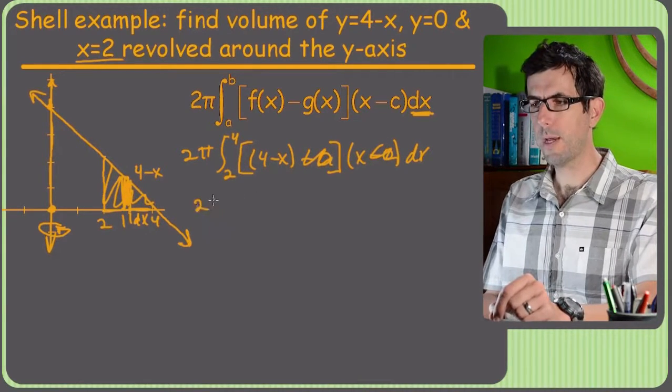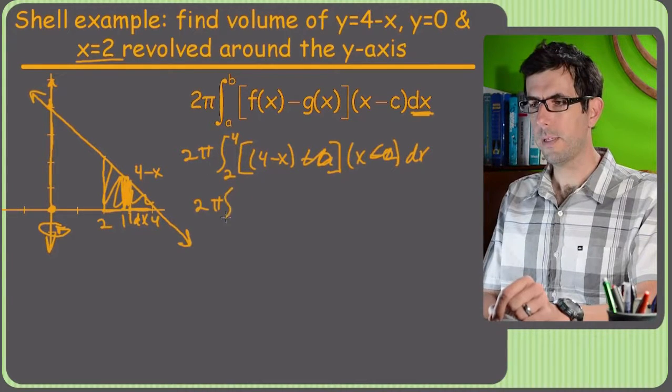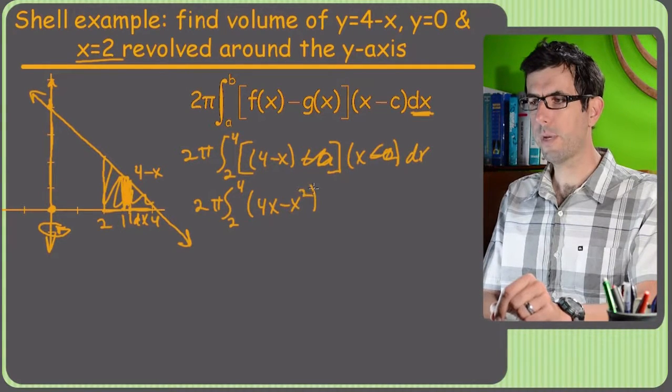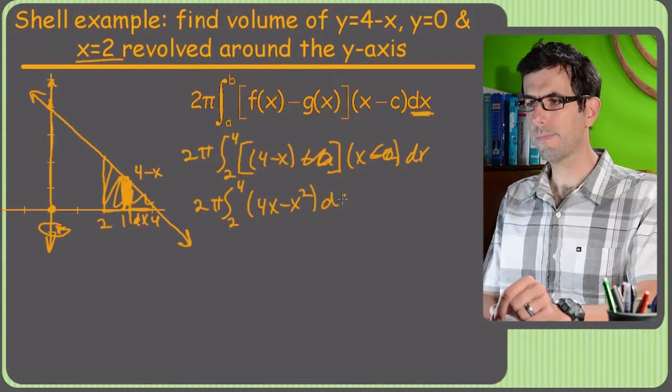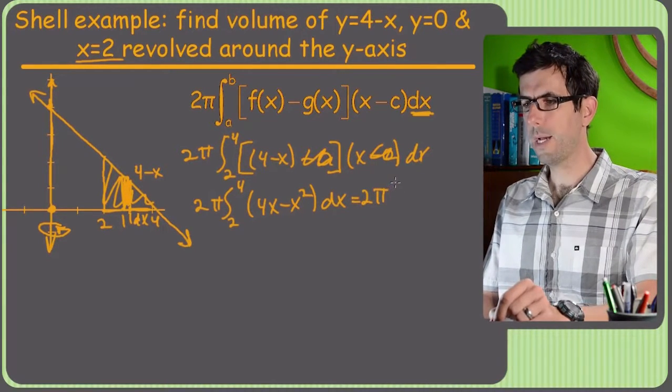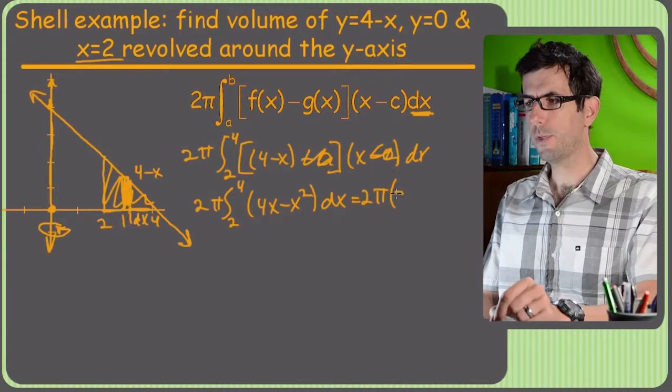And let's get 2 pi times the integral from 2 to 4 of 4x minus x squared when I distribute in that x. So that's going to be 2 pi times 2x squared minus 1/3 x cubed from 2 to 4.